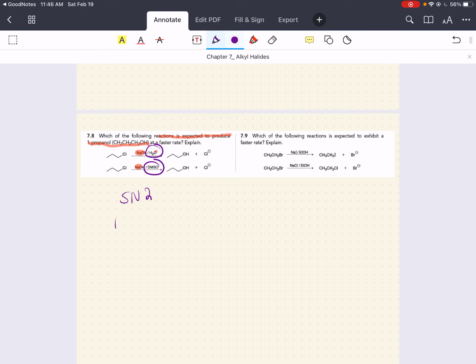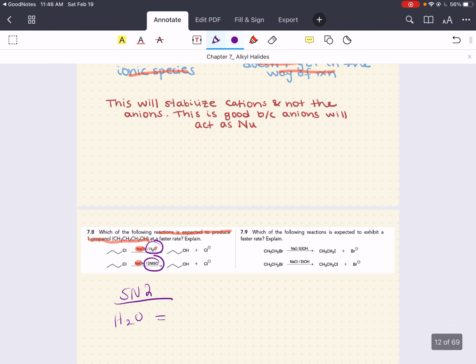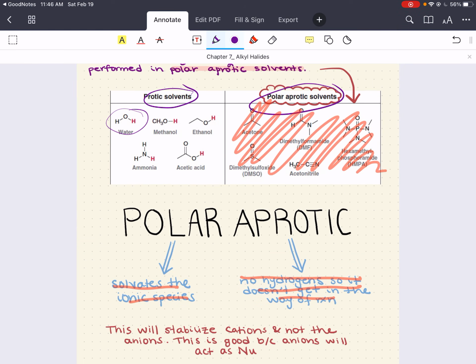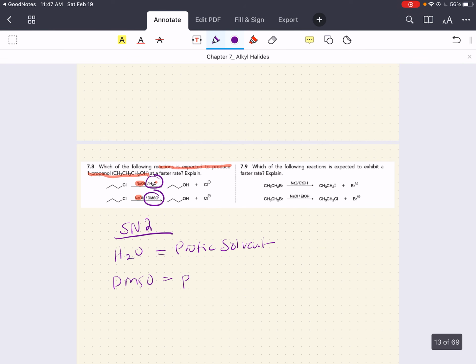Well, let's categorize this. Water is a protic solvent. DMSO, on the other hand, if we go back up here, DMSO is right here, dimethyl sulfoxide. It's polar aprotic, which is obviously better for SN2.